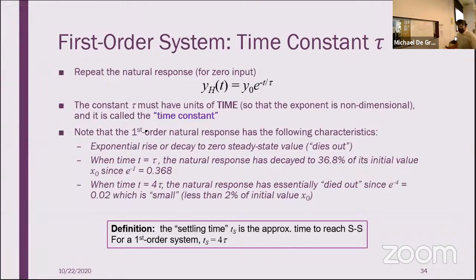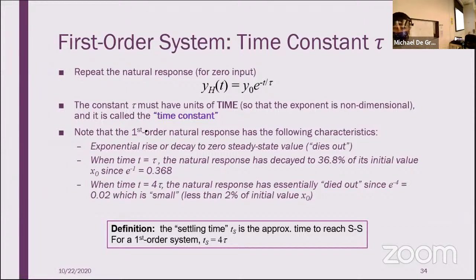The constant tau has to have units of time so that the exponent is non-dimensional. And we call this the time constant. Hopefully we've heard about the time constant before in either differential equations or circuits or somewhere. Time constant plays a big role. What is the time constant? Great question.